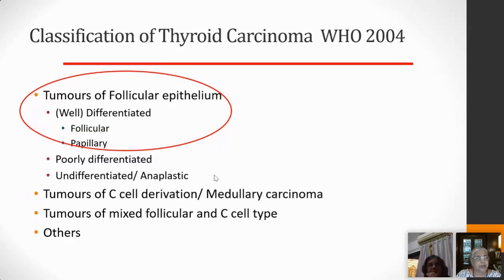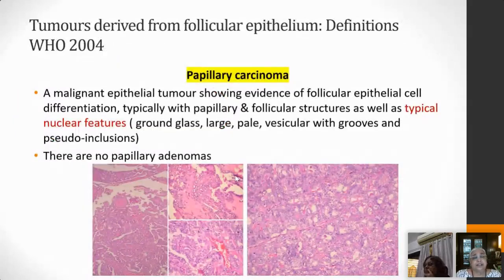That happened because, as we shall see in this slide, it was realized that tumors that had these typical nuclear features, whether they were papillary looking tumors or follicular looking tumors, or those with papillary and follicular structures, seemed to, if they were carcinomas, have the behavior not of follicular carcinomas, but of papillary carcinomas.